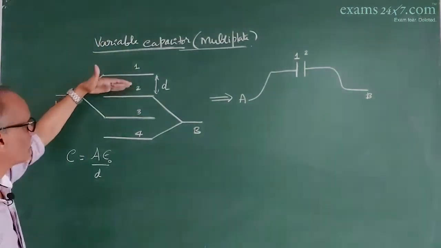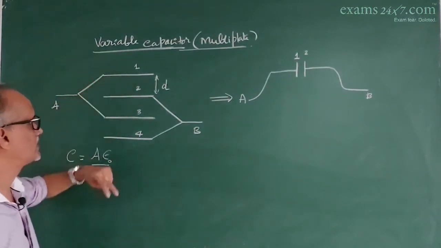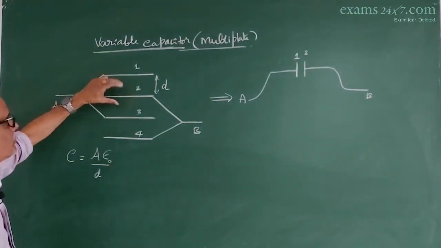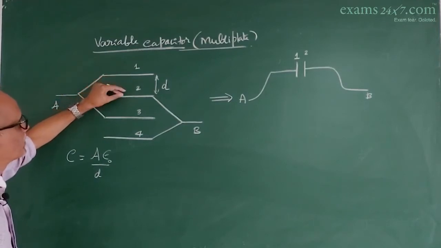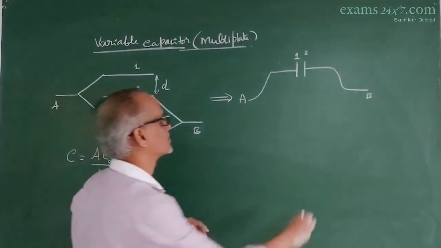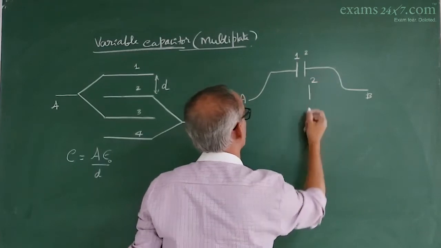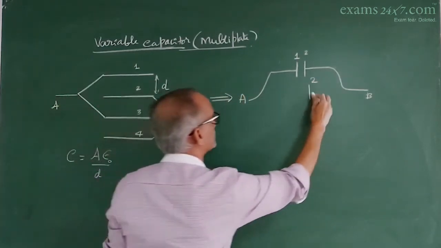So, you need to draw that plate number 2 twice, because once to form a capacitor with 1, again to form a capacitor with the 3.